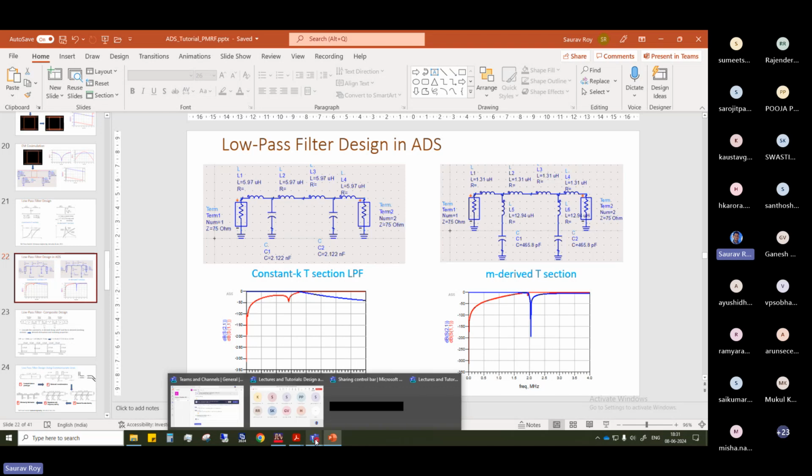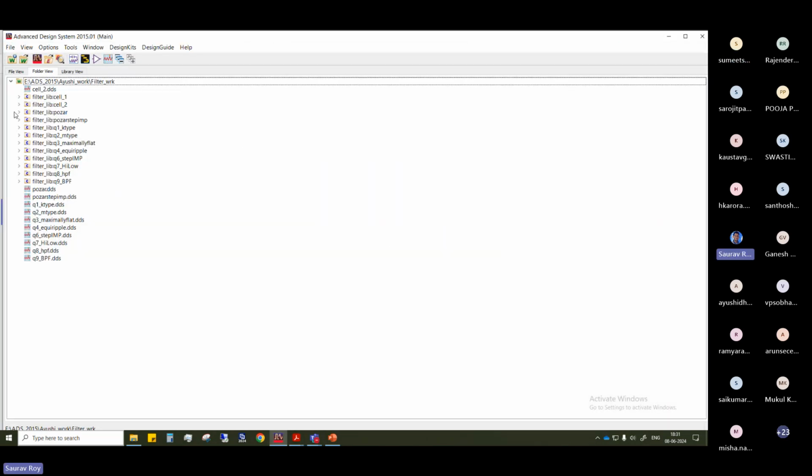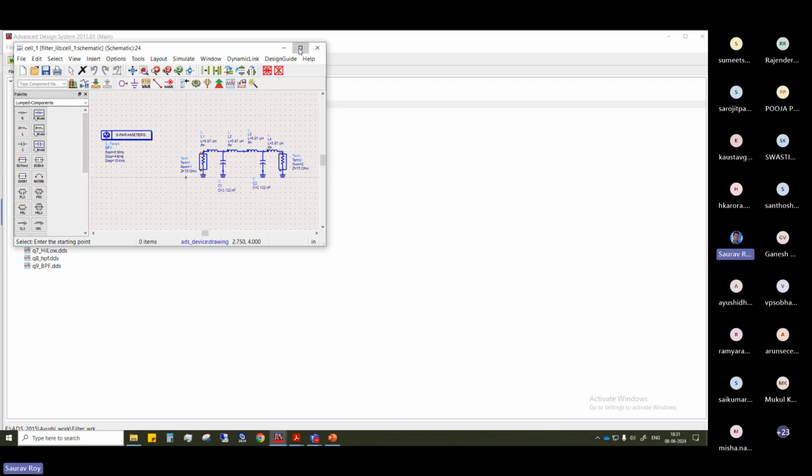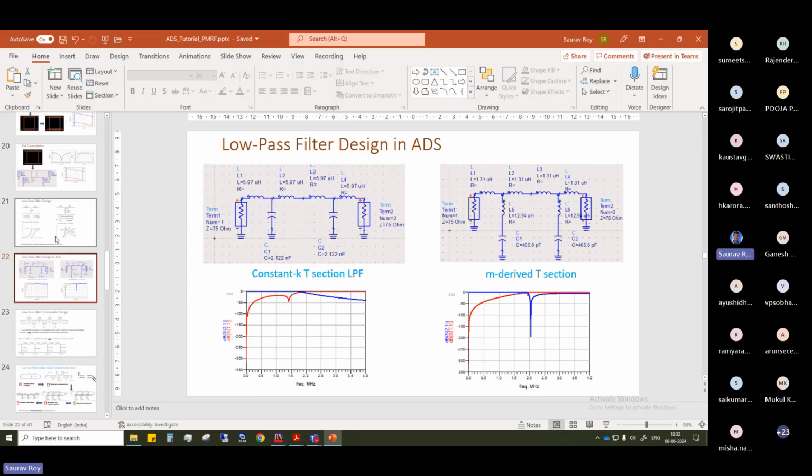So if I show you one circuit here in ADS, so see, very simple circuit. If you just take a third order filter, it will look like this. Okay, LC, simple filter like this. And the values, how do we get? If you remember, the L and C values here is given.